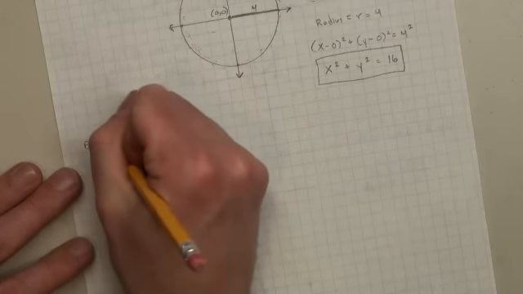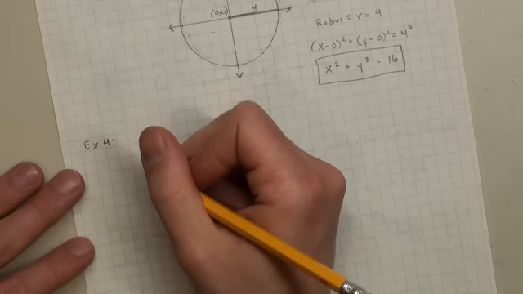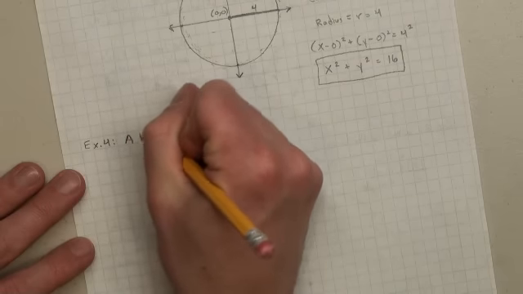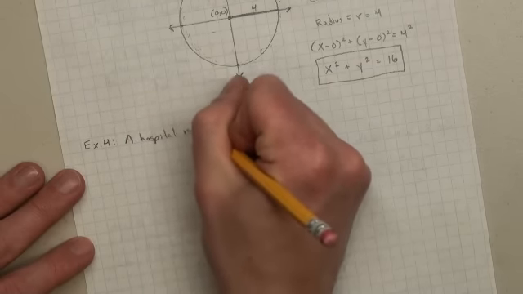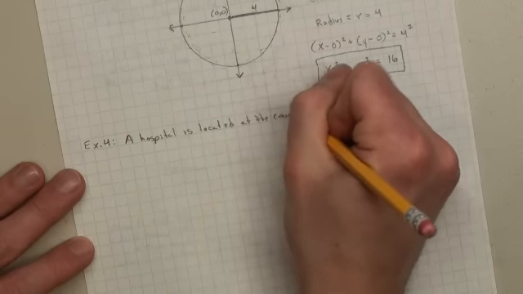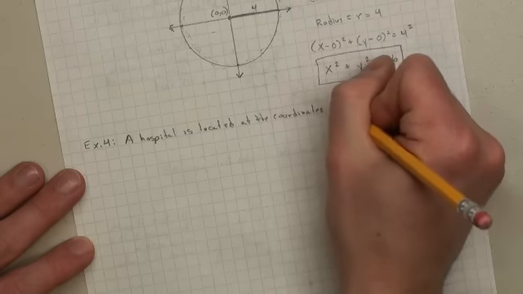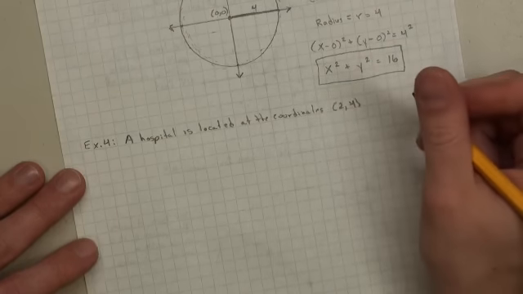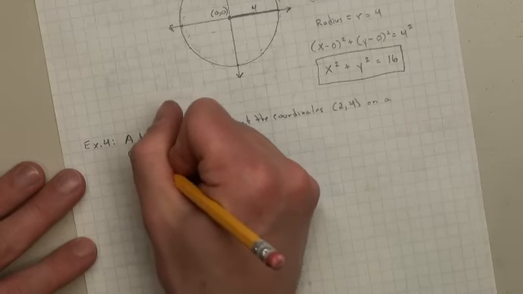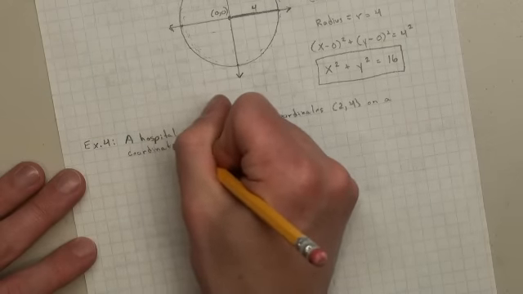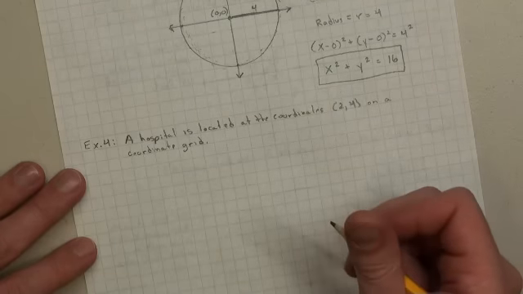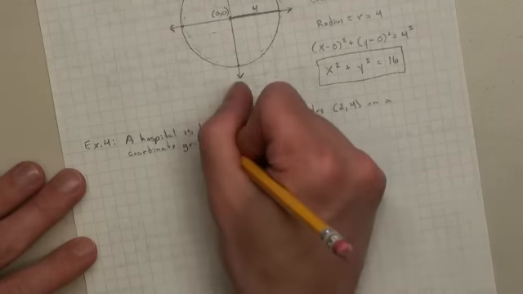4. A hospital is located at the coordinates (2, 4) on a coordinate grid. The hospital's ambulance service extends for 30 miles.